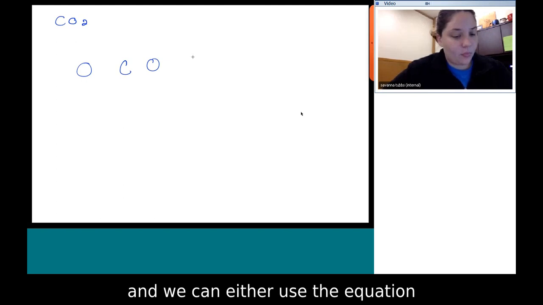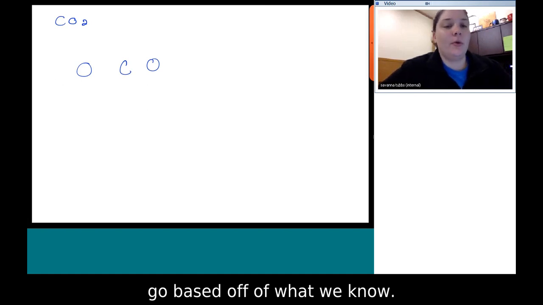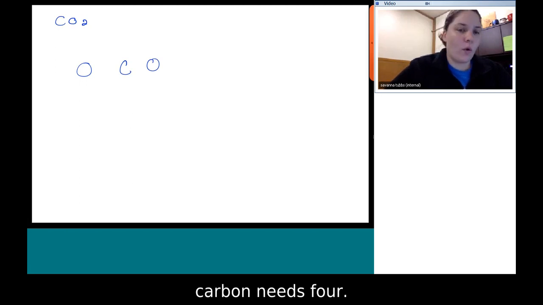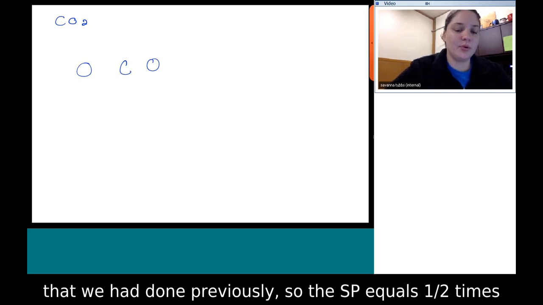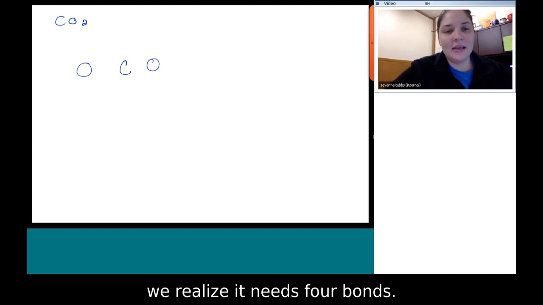We can either use the equation that we used previously, or we can just go off of what we know. Oxygen needs 6 valence electrons, carbon needs 4. If we went through that equation, SP equals 1/2 times ER minus VE, we realize it needs 4 bonds.